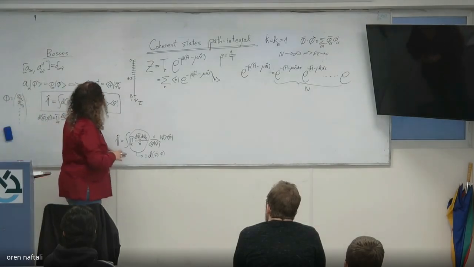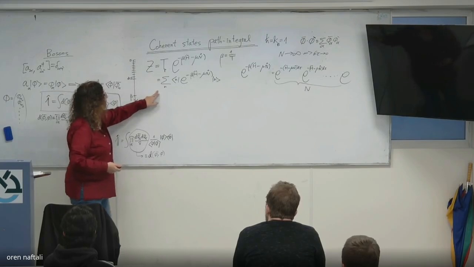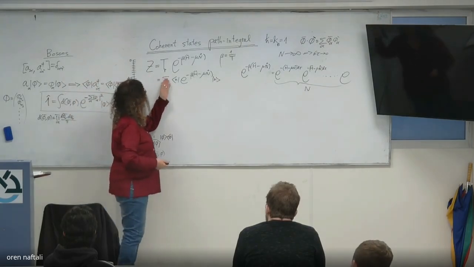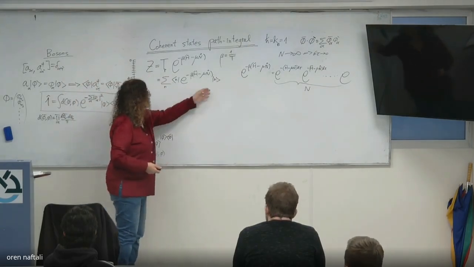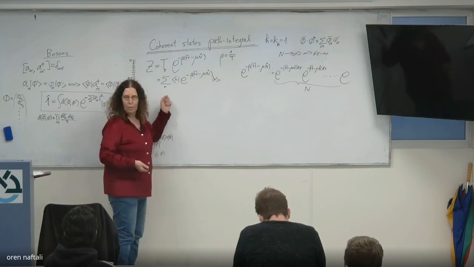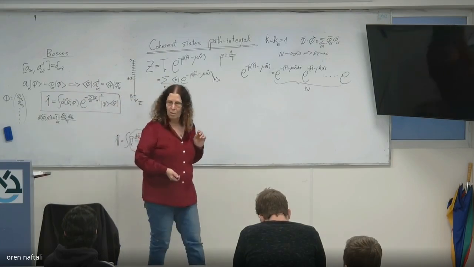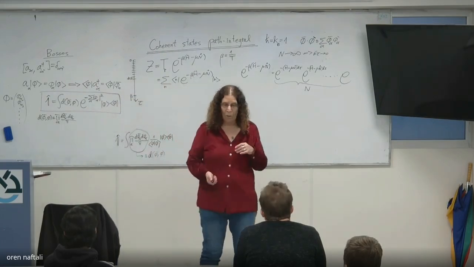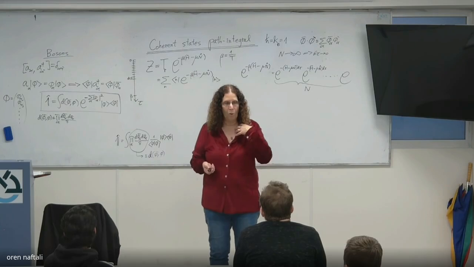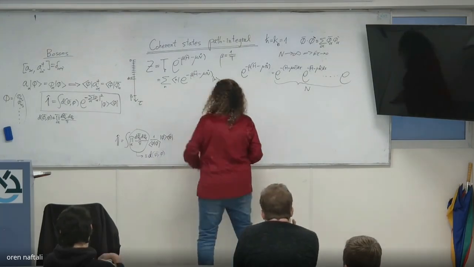Notice that in my original definition of the partition function, I wrote the trace in some complete basis. I didn't even specify what it is, but it's definitely not the coherent state basis, right? Because the coherent states are not an orthonormal basis, so this is not a correct expression.